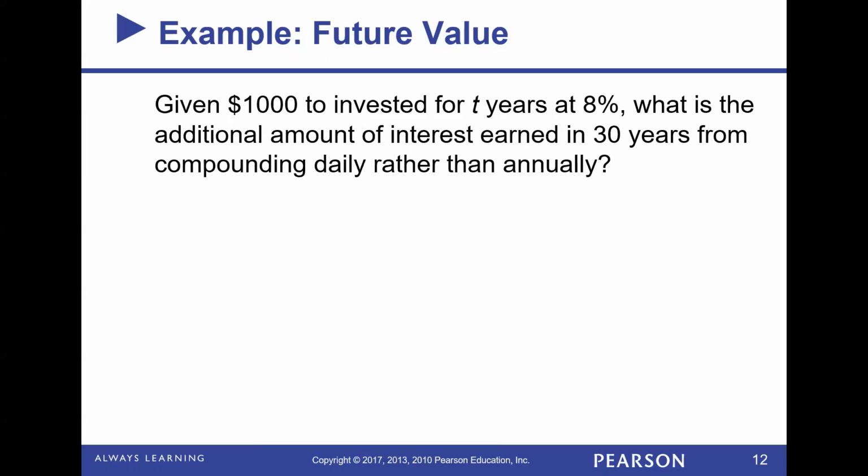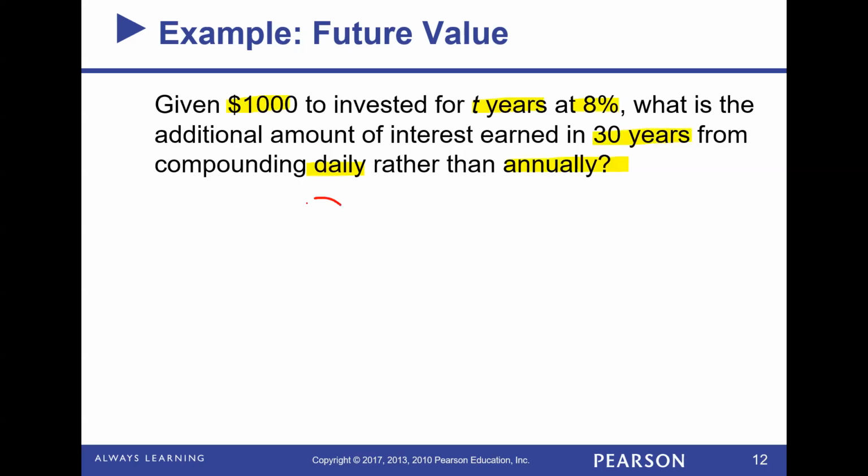First of all, you're investing $1,000 for so many years at 8%. Now we want to know how much interest is actually earned in 30 years. And we're going to do compounded daily rather than annually. So again, this means I am looking for what we talk about as a future value here.